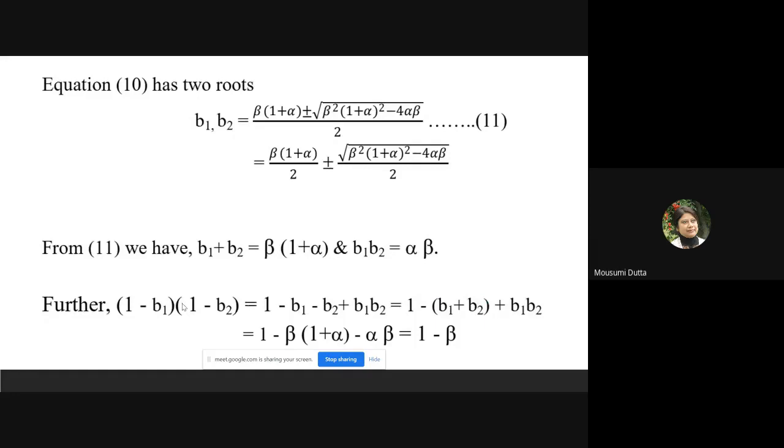So b1, b2 are equal to beta into 1 plus alpha plus minus root over beta square into 1 plus alpha whole square minus 4 alpha beta, divided by 2. This can be presented as beta into 1 plus alpha by 2 plus minus root over beta square into 1 plus alpha whole square minus 4 alpha beta, by 2.